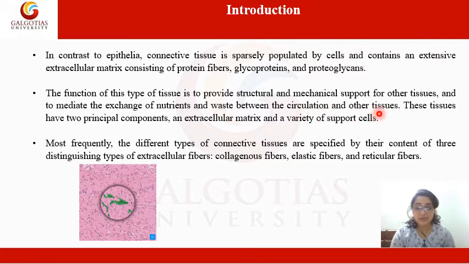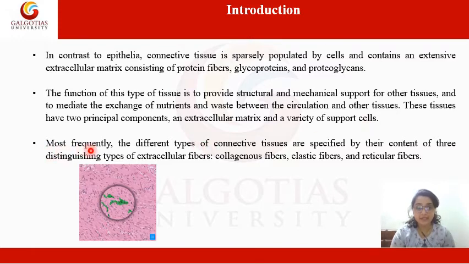So it also helps to transport nutrients from one part of our body to another, and to remove waste from the desired place to the excretion process. These tissues have two principal components: an extracellular matrix and a variety of support cells which help in connecting and causing various reactions in our body.